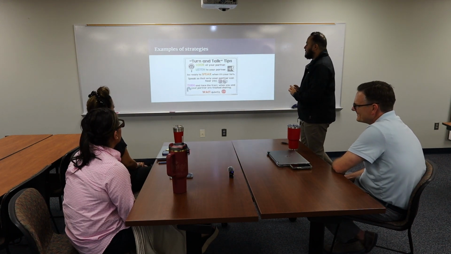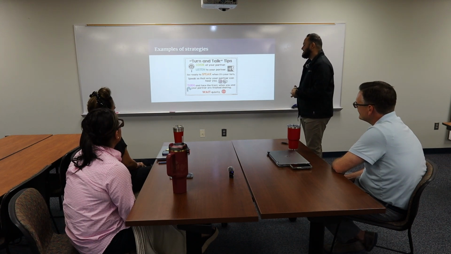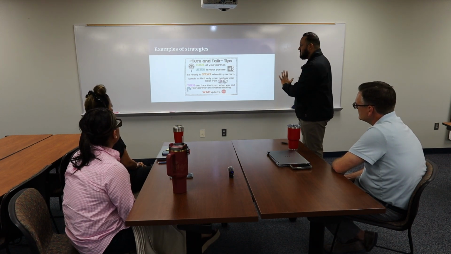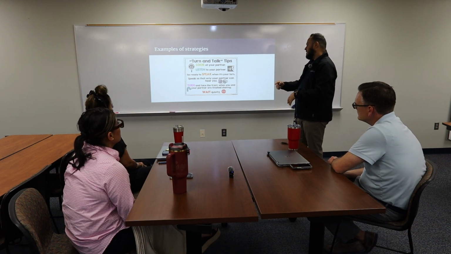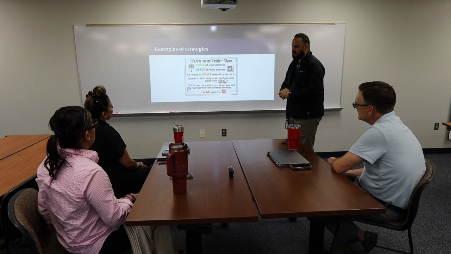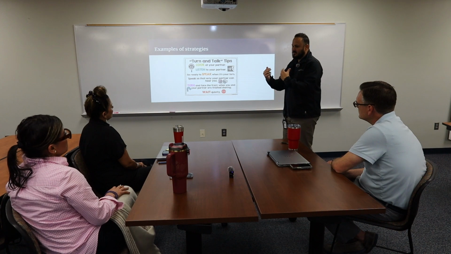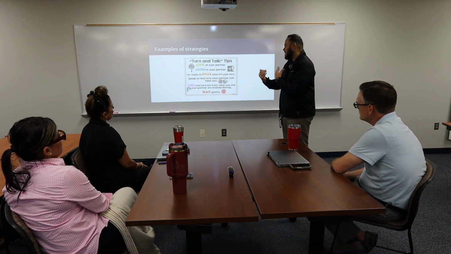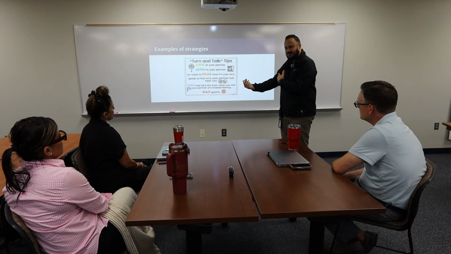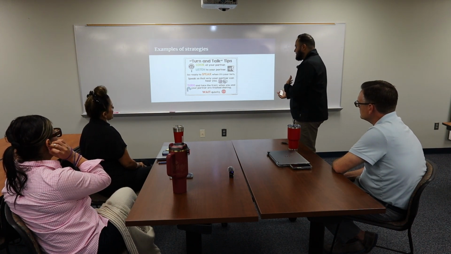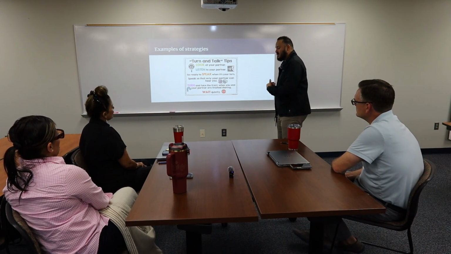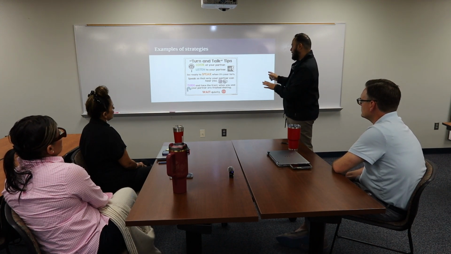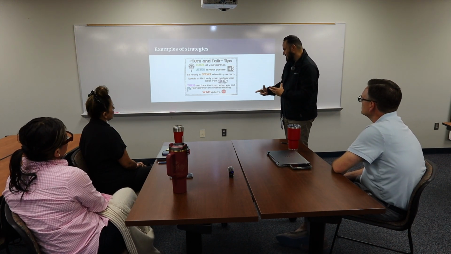And then we have tips for turn and talk, or expectations. This is just an example. You can have your own expectations. Sometimes culturally, some cultures don't tend to look at the face or the eyes of the person. But in this classroom, we expect you to look at the person you're talking to, listen, and be ready to speak, so that only your partner can hear you and you're not yelling.